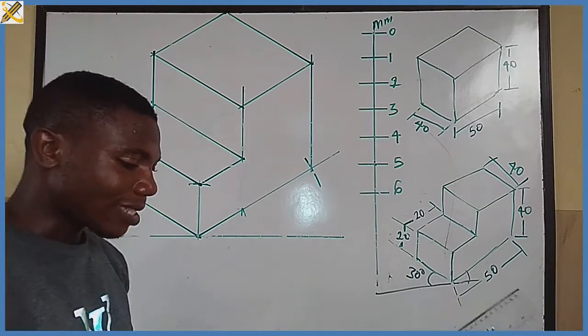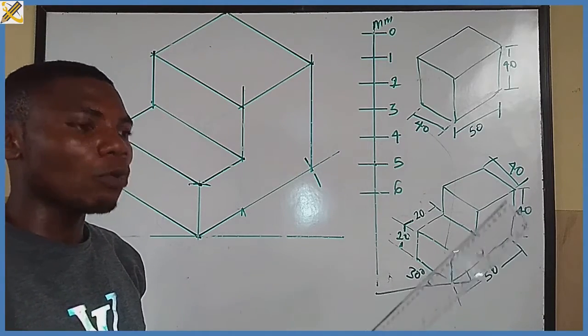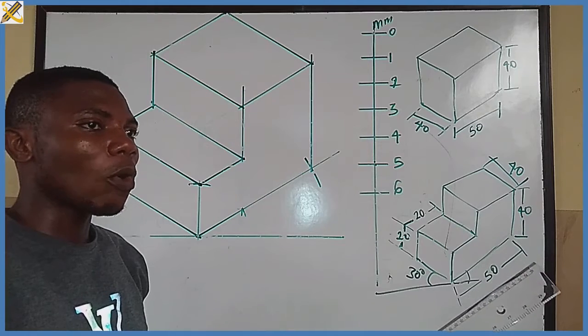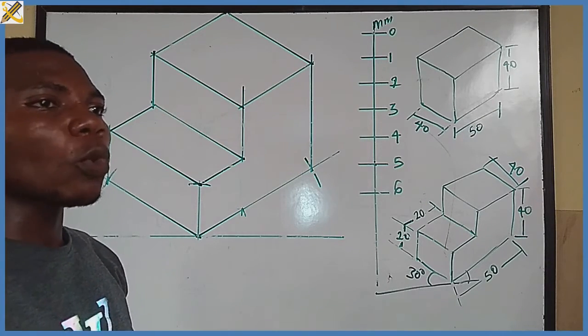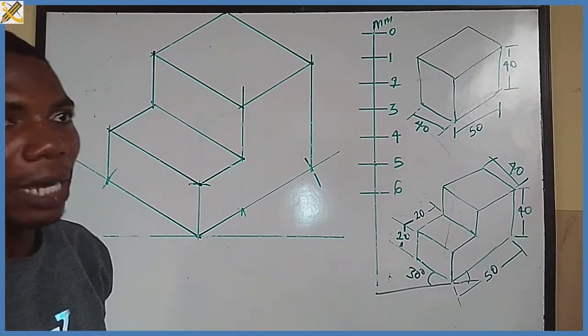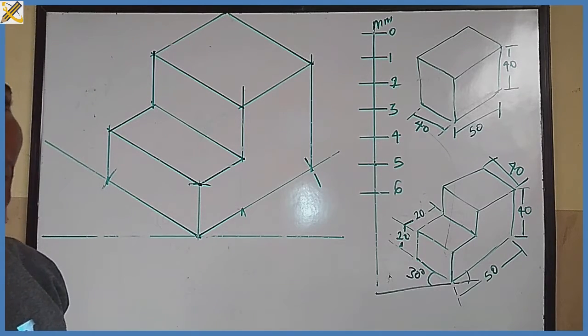Okay. So aside from these two drawings, we are going to do some advanced isometric drawing. We are going to step it up. For these ones, I'm going to do it right on paper. You are also drawing on paper, wherever location you are.